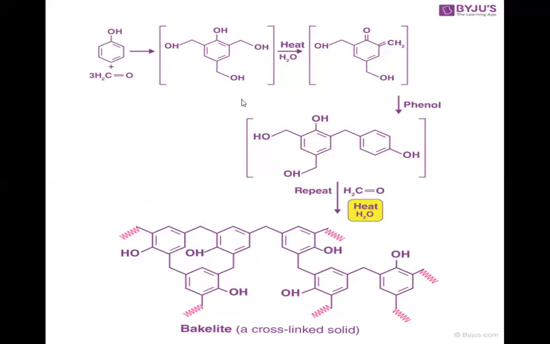Trimethylol phenol will be formed if taken in the ratio of 1:3. I am taking this 1:3 ratio product for the preparation of Bakelite. So this is the first step.